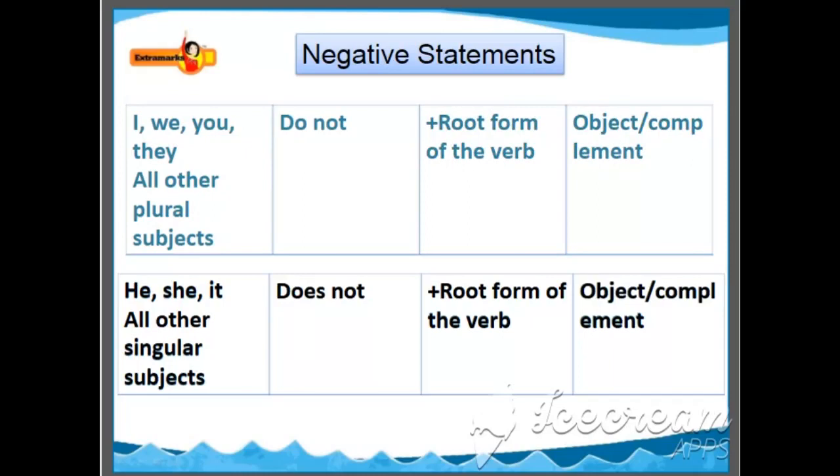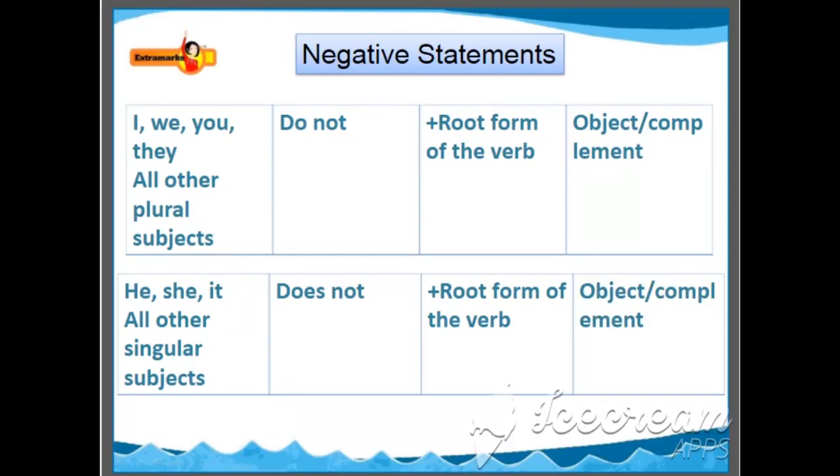Similarly, using he, she, it, or any other singular subject with does not plus the root form of the verb and the object or complement, we make a negative simple present tense sentence.